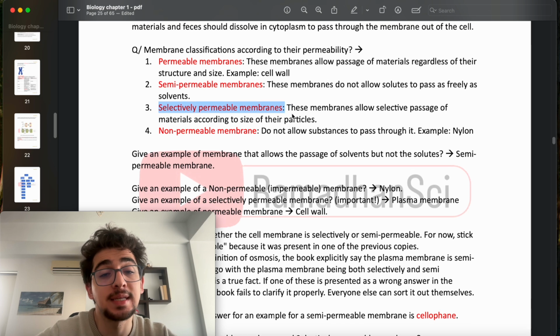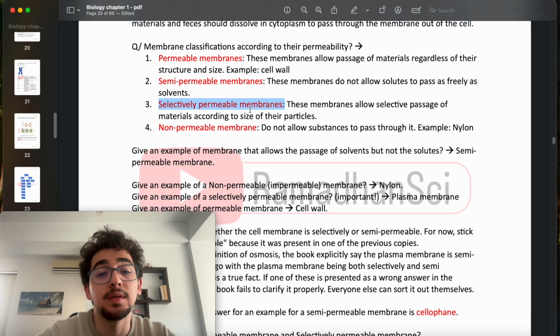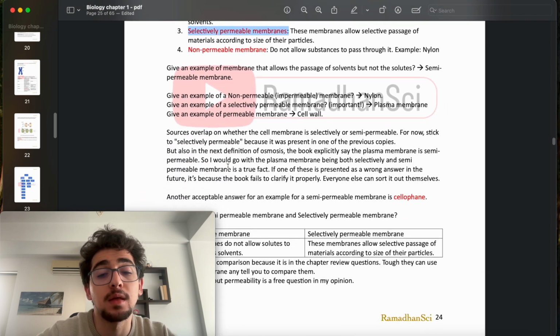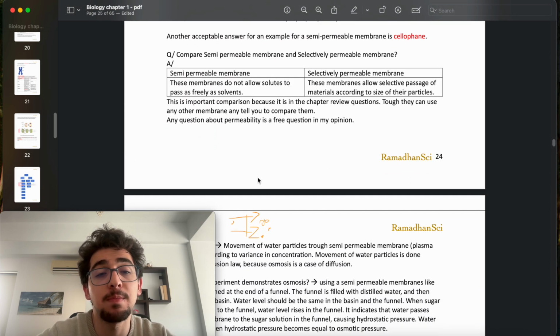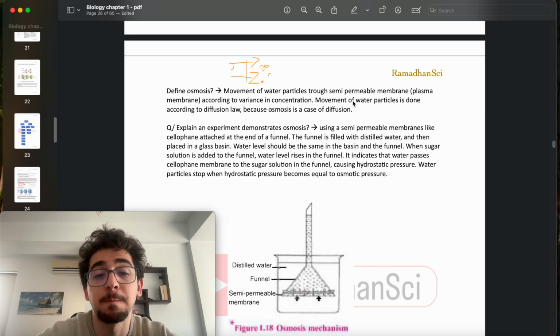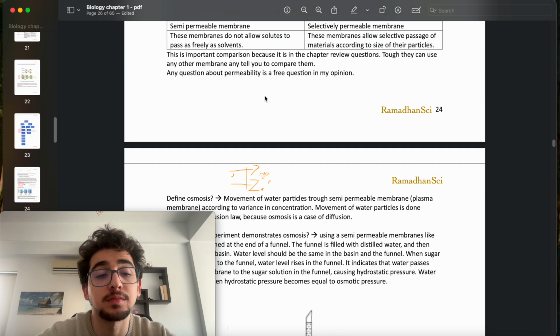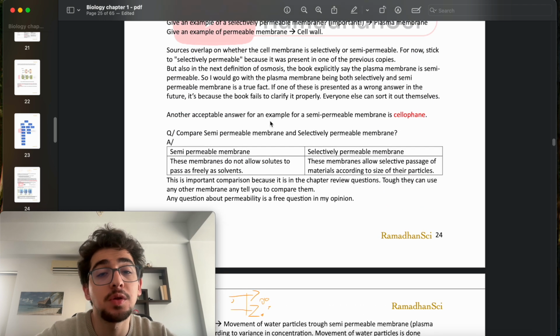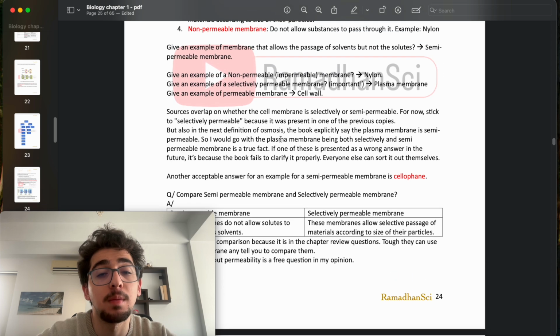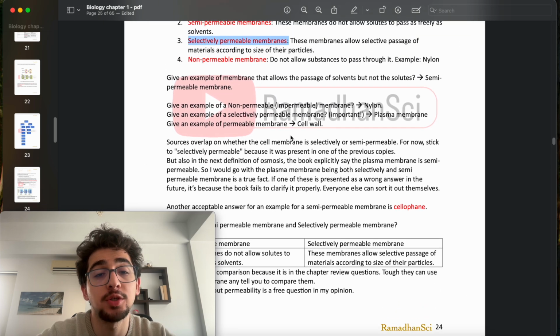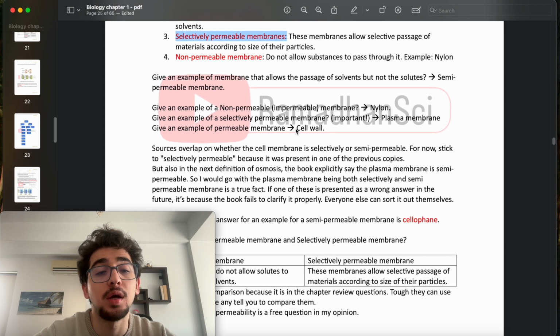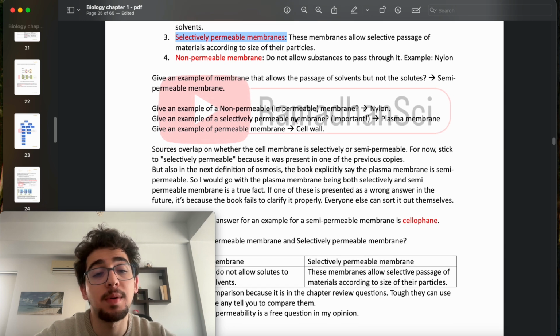And the book itself describes the cell membrane as semi-permeable in the osmosis definition, but they also put a previous question where they were asking about the permeability of the cell membrane, and the answer was selectively permeable.